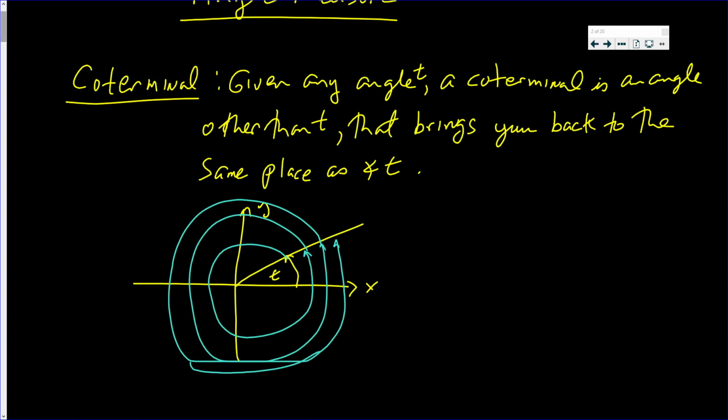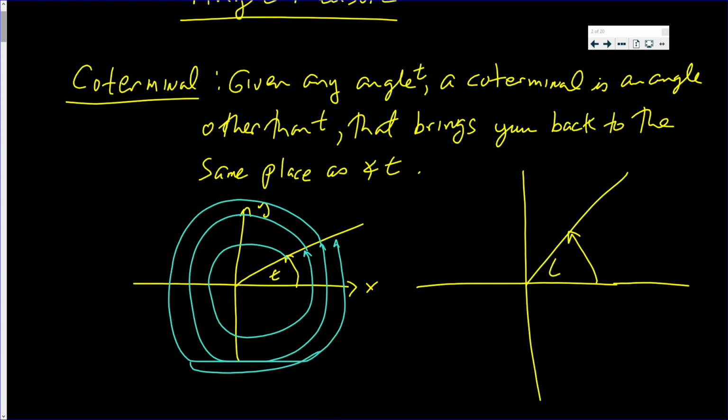Now, since I drew on this a bit, let us try to draw the same thing, the same angle. That is angle t. Now, you can go to angle t, and then you can go back 360. That brings you back to this line.